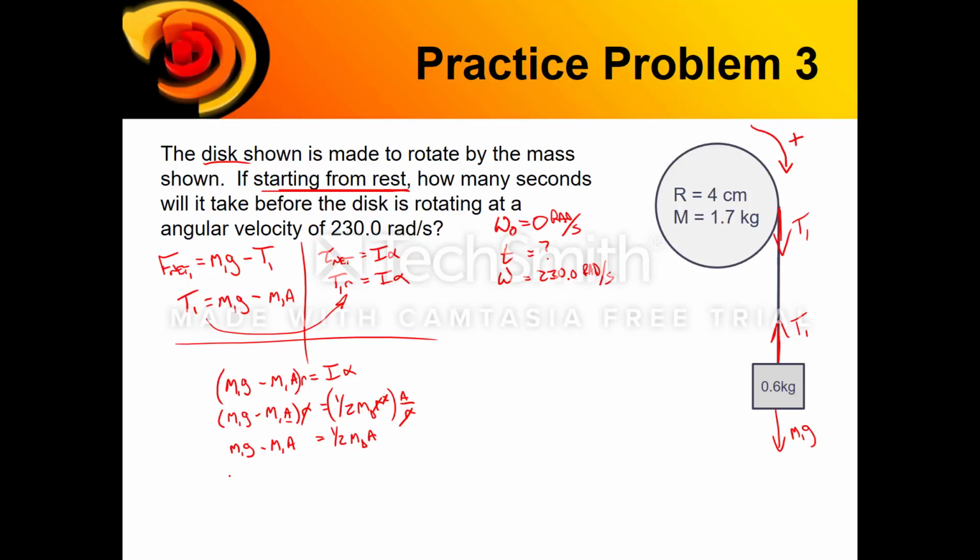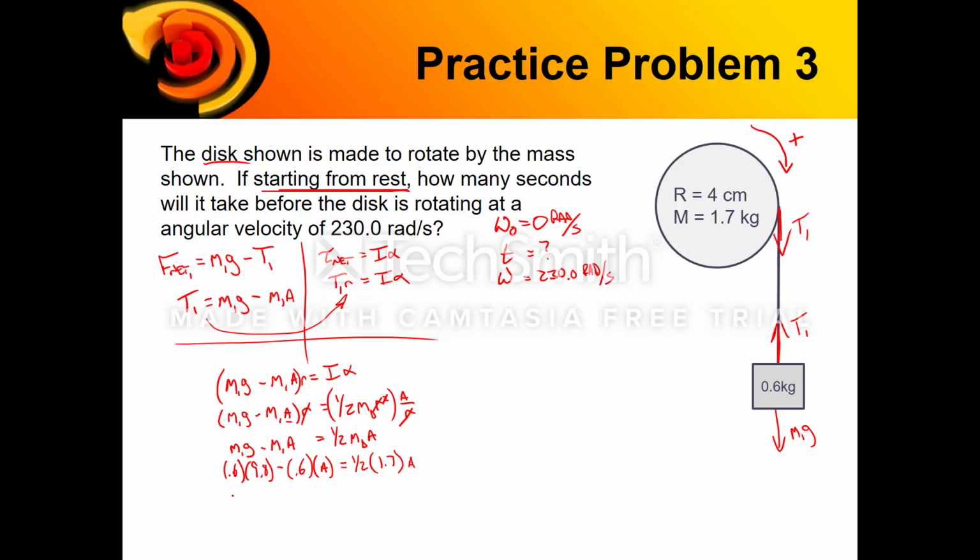So we've got some numbers here. m1 is 0.6 times 9.8, minus 0.6 times a, is equal to 1/2 times 1.7 a.